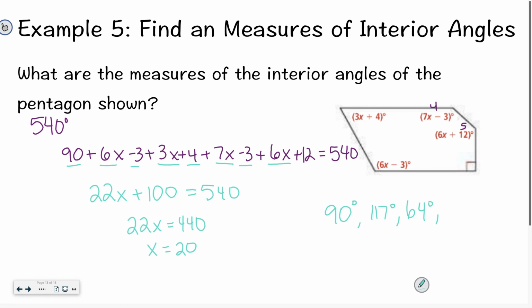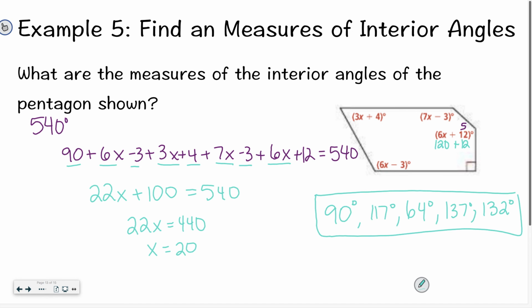Angle 4, I have 7 times 20 is 140. Minus 3 is 137. And angle 5 is 6 times 20 is 120. Plus 12 is 132 degrees. So those are my 5 interior angles.